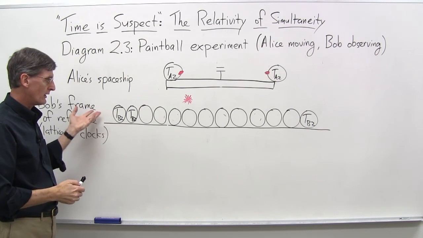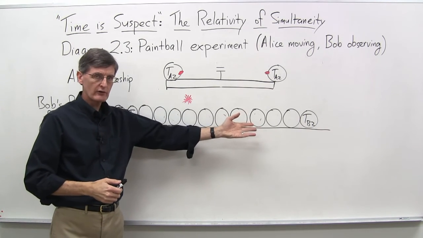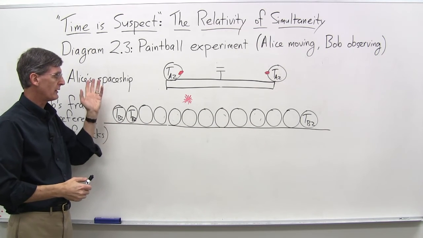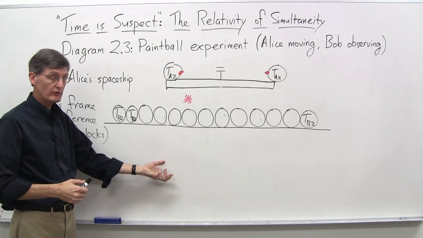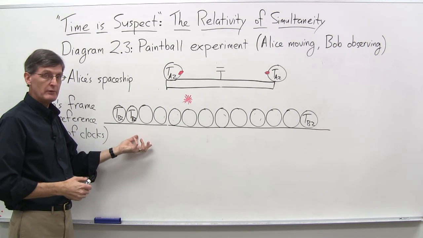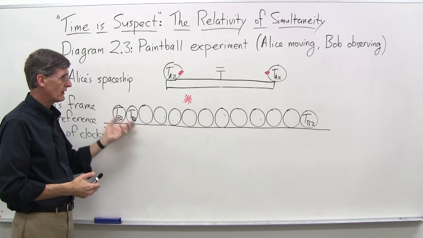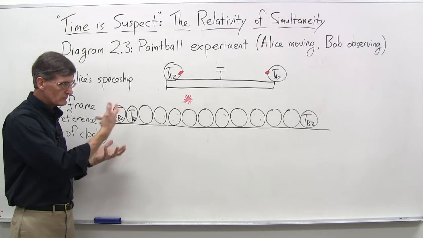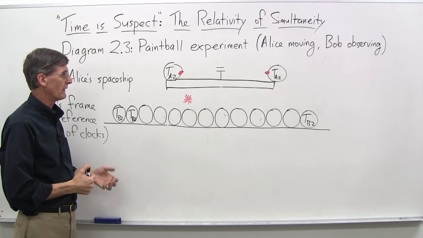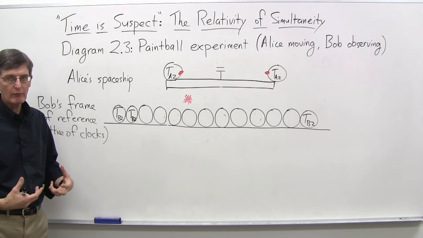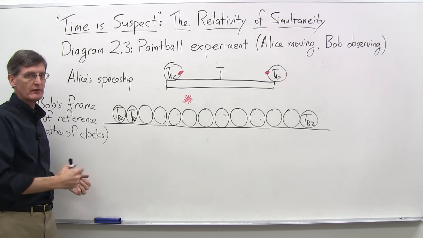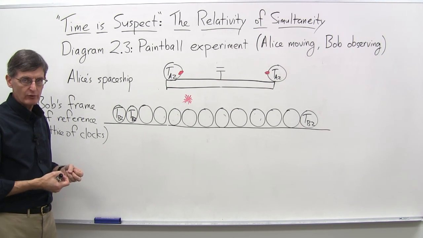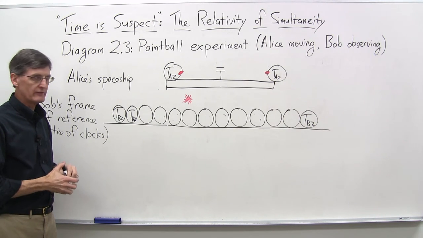Again, to emphasize, all Bob's clocks are synchronized here. So he sees the paintballs start off at time TB equals 0, and then at TB1, they see them in transit, and then at TB2, all his clocks would register TB2 as we see here. Okay, so that's the paintball experiment. Now we want to do the exact same thing, but with light pulses and see what the difference is between them.